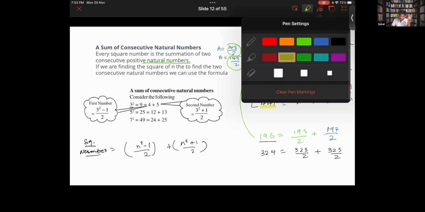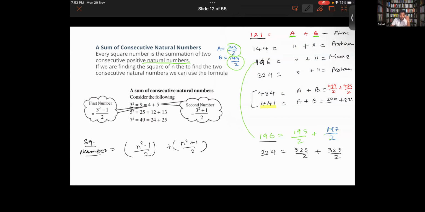Let's see the first question, 121. So 121 will be what? Ahmed, which you were solving? Sir, 11 square minus 1 upon 2. Yes, sir. 11 square plus 1 upon 2. So that is 121 minus 1, that is 120 upon 2, which is 60. And this is 122 upon 2, so that is 61. We are getting 60 plus 61.